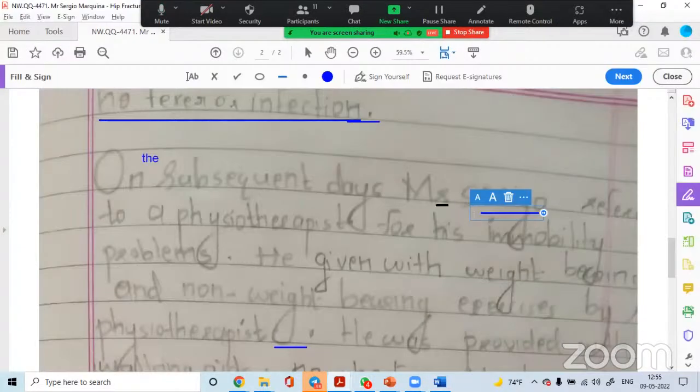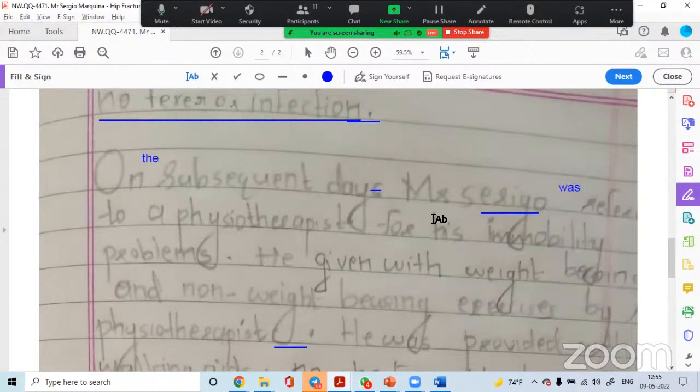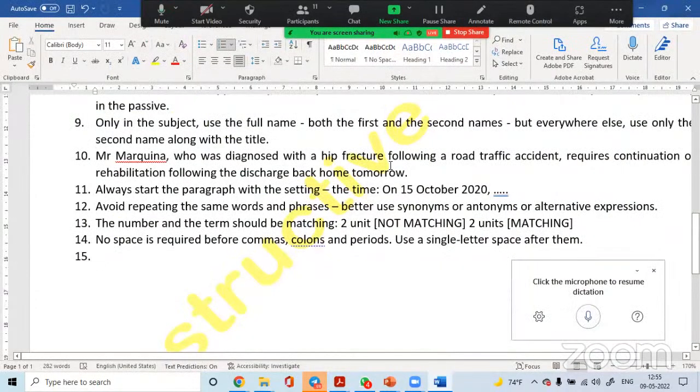That's also wrong. On the subsequent day means on the next day. Mr. Sergio was referred to a physiotherapist for his immobility problems.